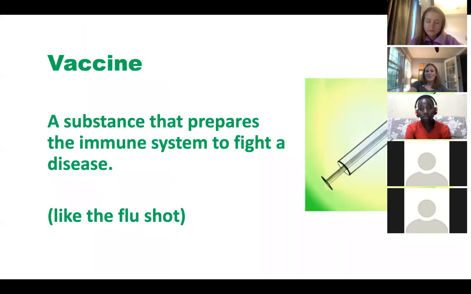Last but not least, we're going to talk about a vaccine. So a vaccine is something that prepares the body to fight a germ. Can anybody explain to me what the immune system is in the body? Has anybody heard about that system, immune system?